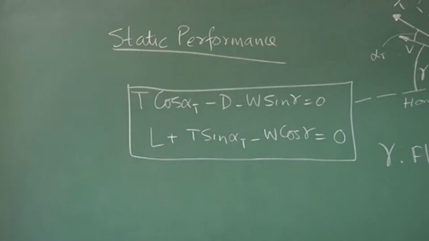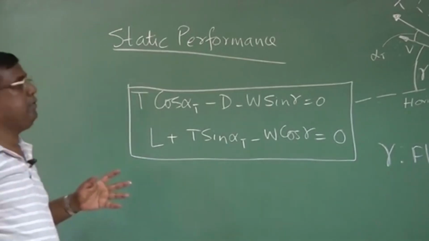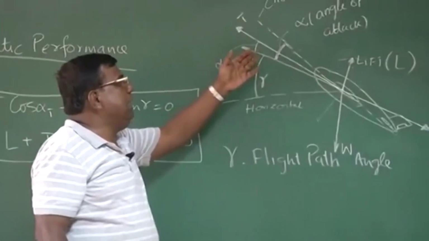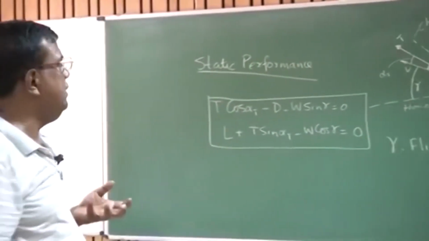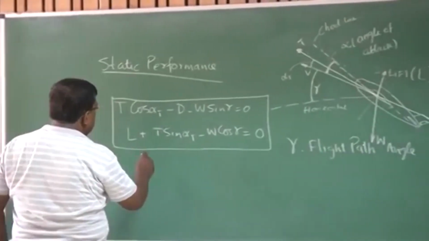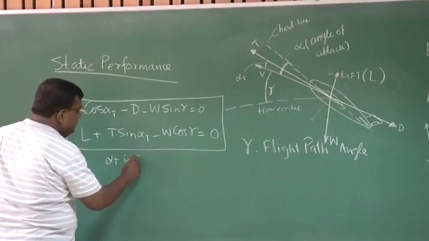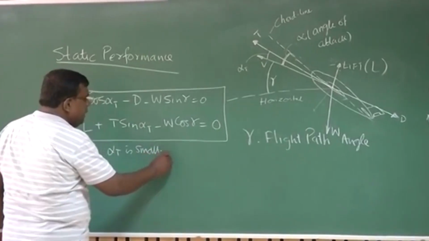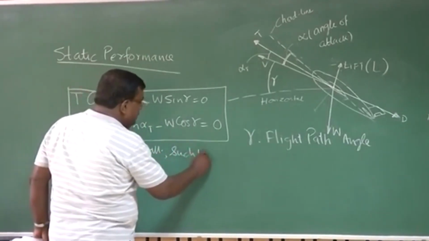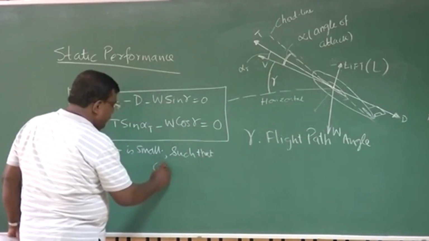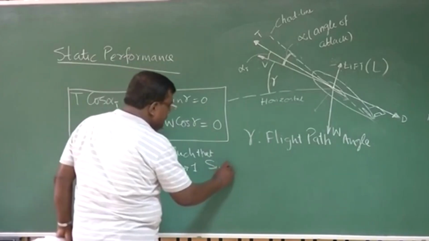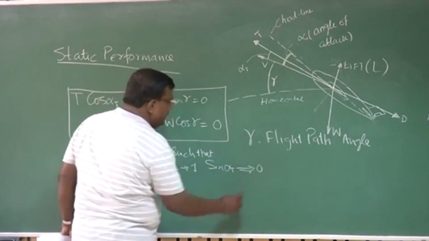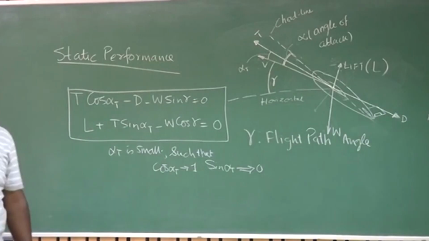Now see, if we impose some approximation, which are fairly good approximation, for example alpha t will be very, very small, right? So for simplification, I can assume that alpha t is small such that cos alpha t is 1 and sin alpha t goes to alpha t, and alpha t is small, so it goes to 0.